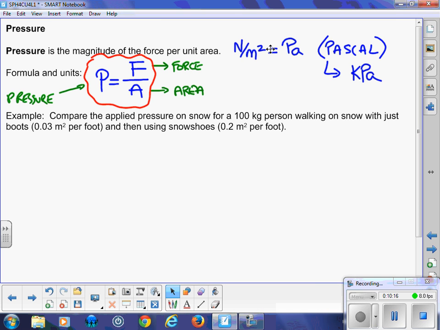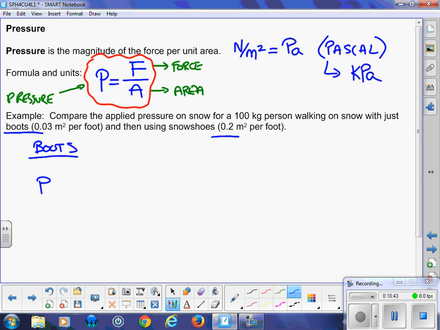So we need it a little bit later on. So in order to compare or talk about pressure, let's talk about the pressure on snow for a 100 kilogram person. So that's about 220 pounds walking on snow with boots. Okay, so we're going to walk on it with boots, and then a little bit later you try it with snowshoes.